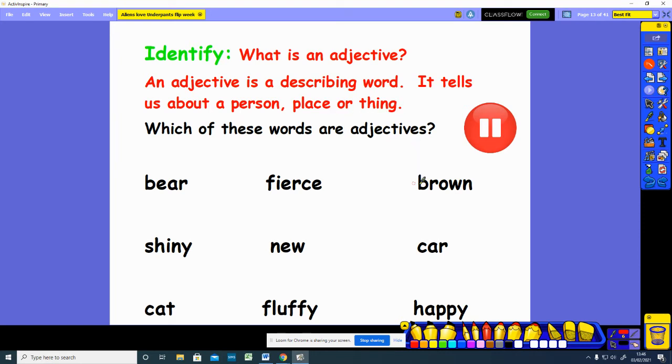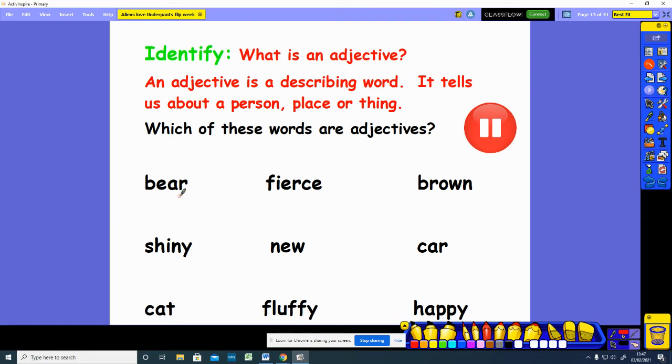So I've got a few words down on my board. Some of them are adjectives and some of them are not adjectives. I want you to read them with your grown-up and think about which of these words are adjectives. We'll read them together first and then you can press your pause button and you can decide which ones are adjectives and which ones are not adjectives.